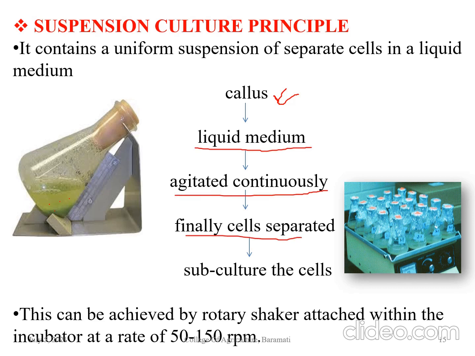Finally, all the cells get separated due to agitation of the liquid media and dissociation of cells, and all these suspended cells are then subcultured by removing them from the earlier flask into a new flask having fresh media. This can be achieved by a rotary shaker attached within the incubator at a rate of 50 to 150 rpm.